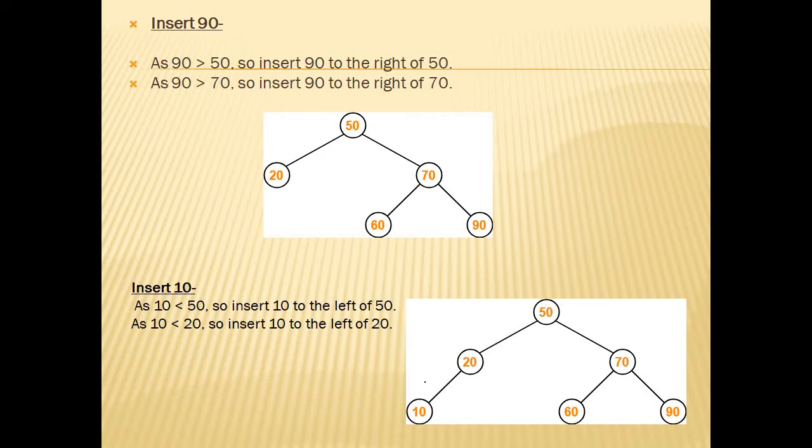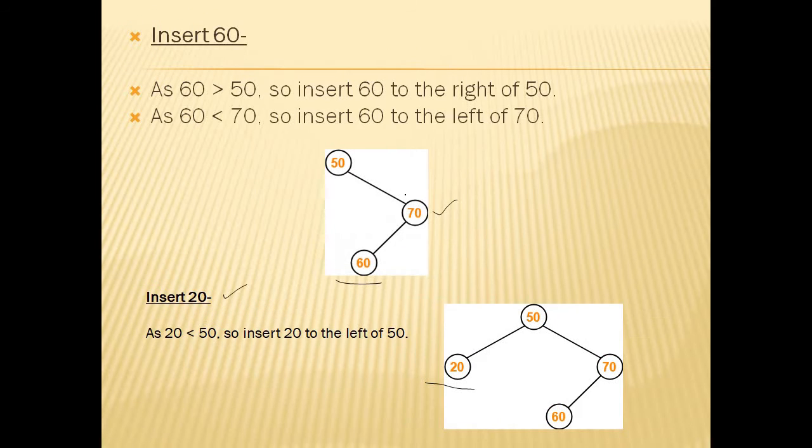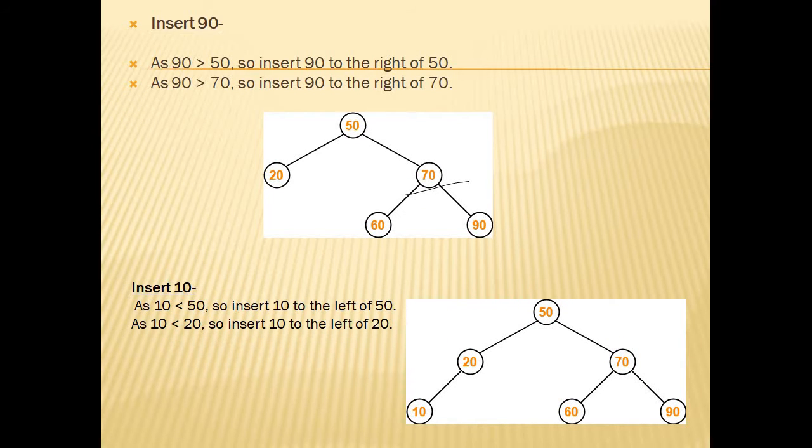But the right side already has a subtree, so we apply the same process. We compare 90 with 70. 90 is greater than 70, so we insert 90 to the right of 70. Right side of 70 we don't have anything, so we can place 90 there.